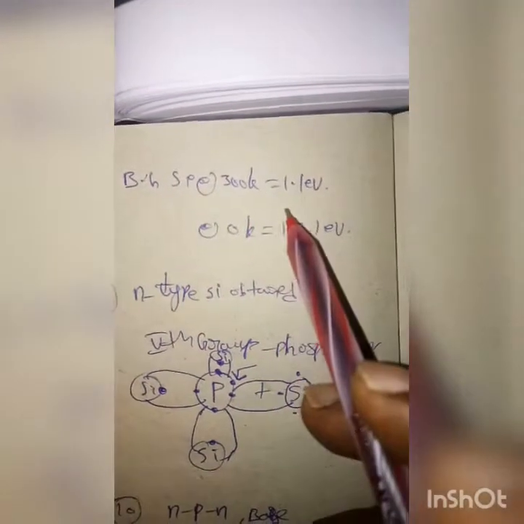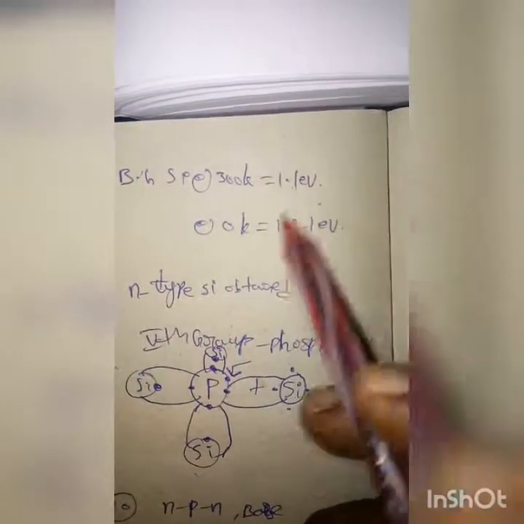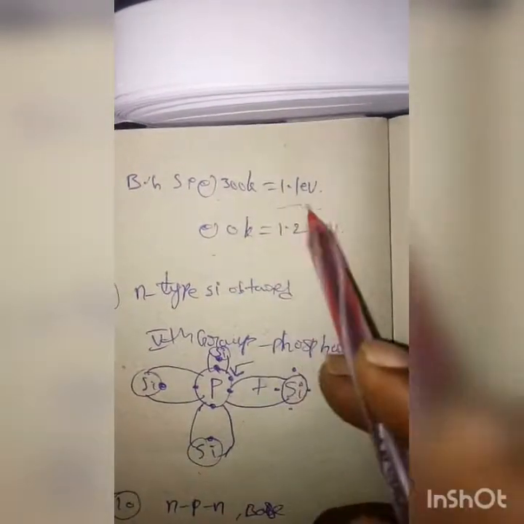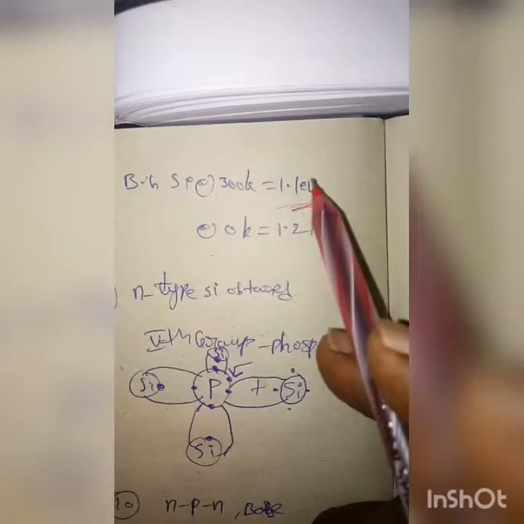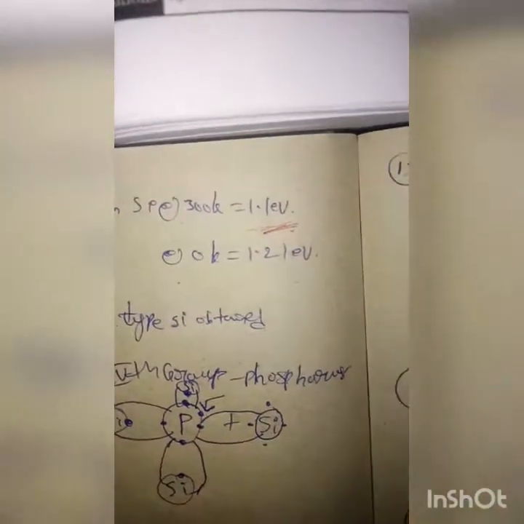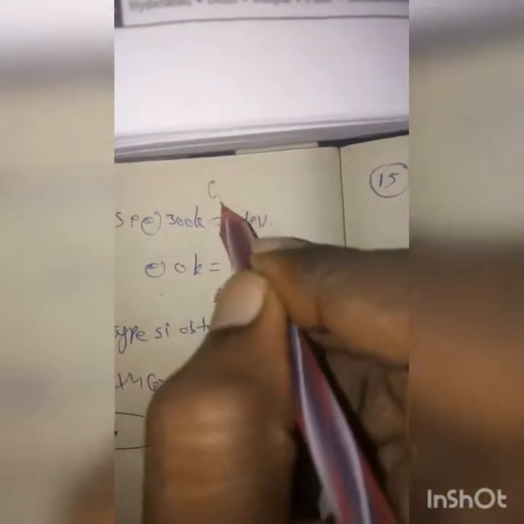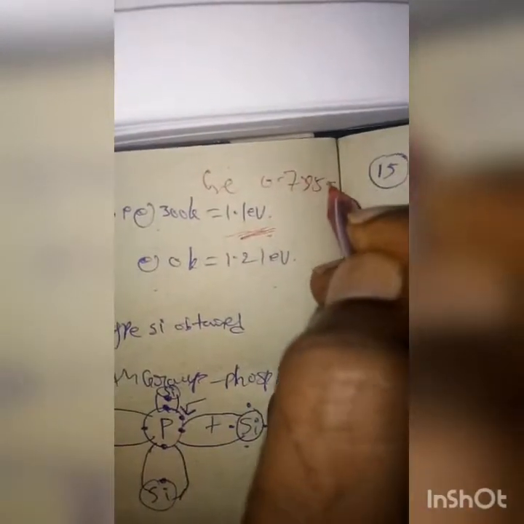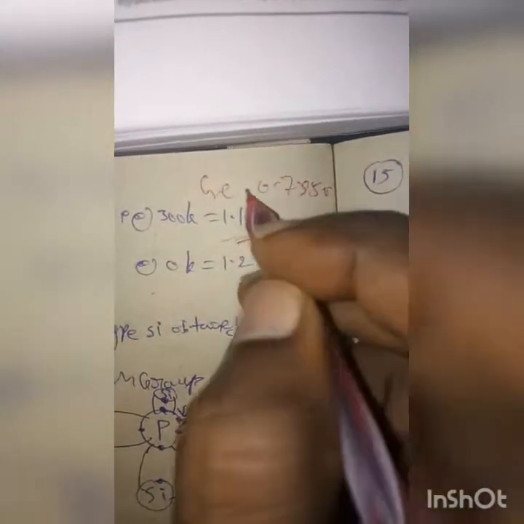Silicon at 300 Kelvin is 1.1 electron volts, and at 0 Kelvin 1.21 electron volts. He asked at 300 Kelvin, which means 1.1 electron volts. Similarly, if you see germanium, for germanium it is 0.785 at 0 Kelvin. Remember this.